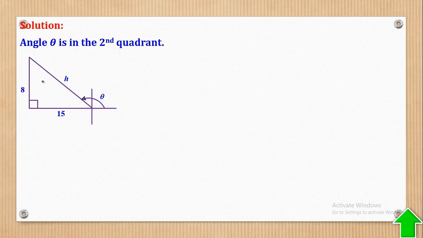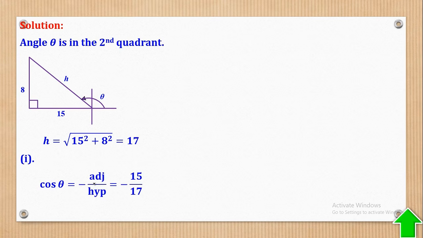Then from there, we remember that tan is equal to opposite over adjacent. So the opposite is here and the adjacent is here, meaning that the hypotenuse is not given. So we have to use Pythagoras theorem to come up with the hypotenuse, which will be 17. Now that we have the opposite, adjacent, and hypotenuse, we can answer the questions. First was cos.